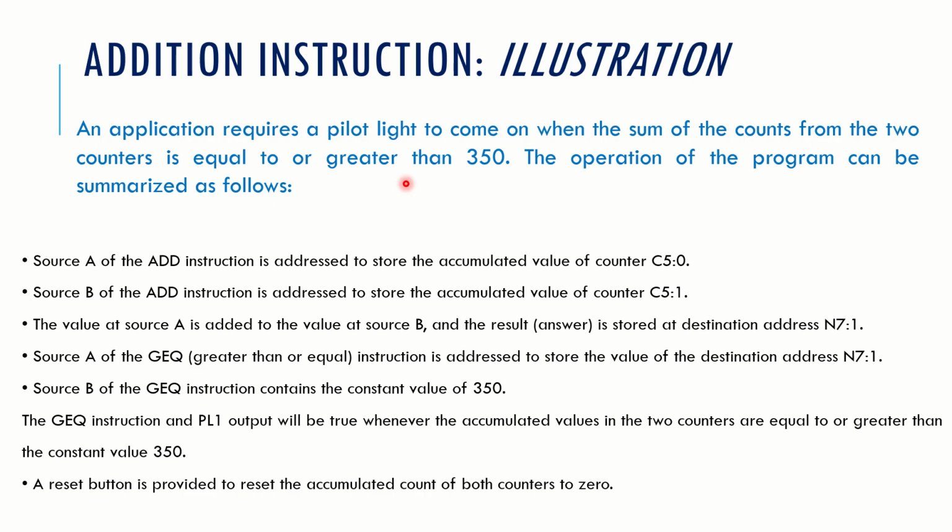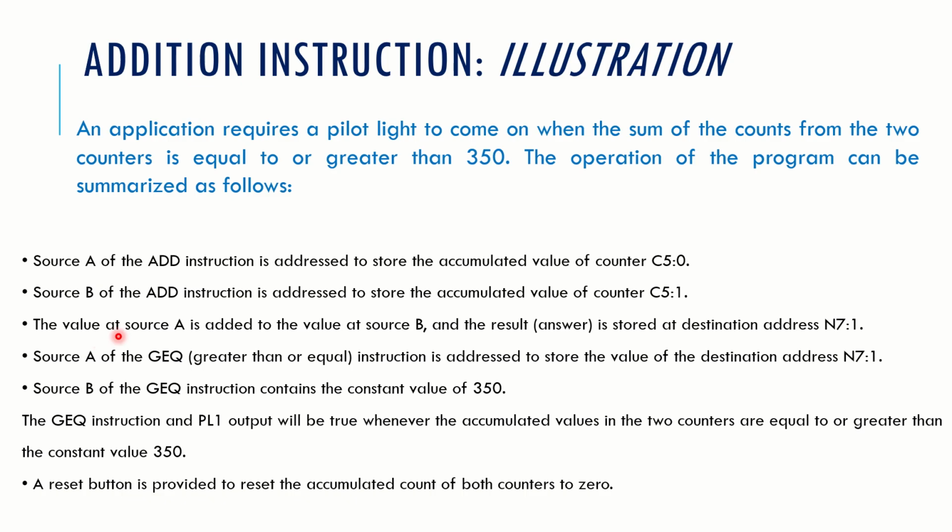Now let us see what we have done here. Source A of the add instruction is addressed to store the accumulated value of counter C5:0. Source B of the add instruction, because we have two counters now, is addressed to store the accumulated value of counter C5:1.